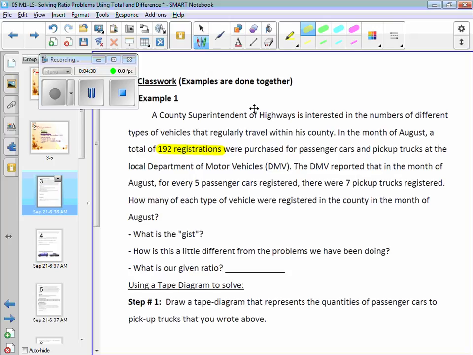Brando. For every 5 passenger cars registered, there were 7 pickup trucks. Love it. Yes. Anything else? Well, what does the question want us to answer? I'm going to do that in a different color. Because I can. Billy.